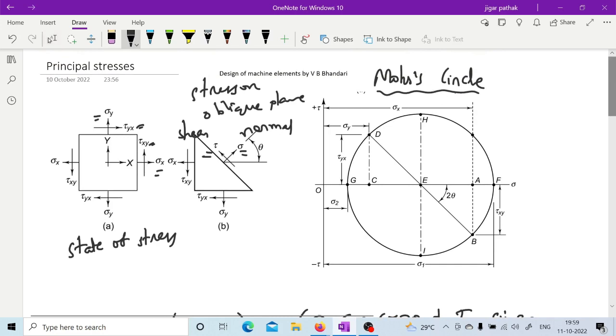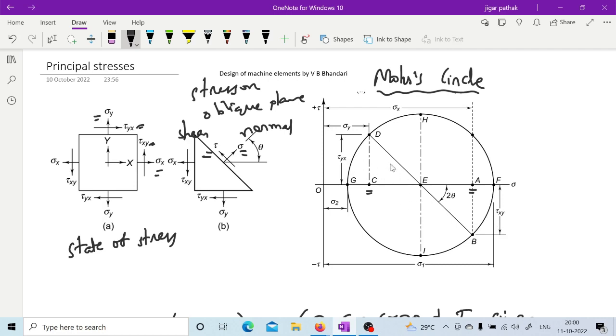So now, having these things in mind, you can see how the Mohr circle is plotted. If the state of stress is given, sigma x, sigma y, tau xy, then you can first plot this. This is sigma x, this is sigma y, and then this is tau xy and tau yx.